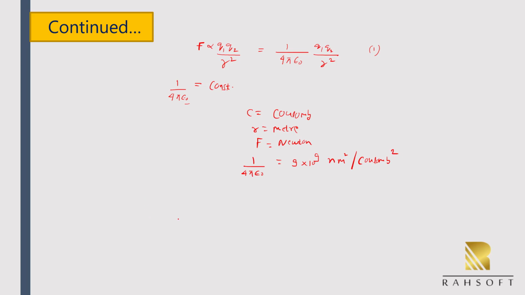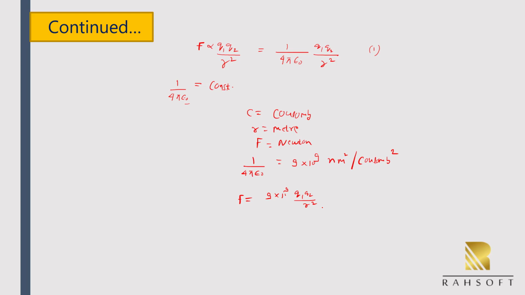So the force between two point charges placed in vacuum is F equal to 9 into 10 to the power 9 Q1 Q2 divided by R square. This is the case when the point charges are placed in vacuum.